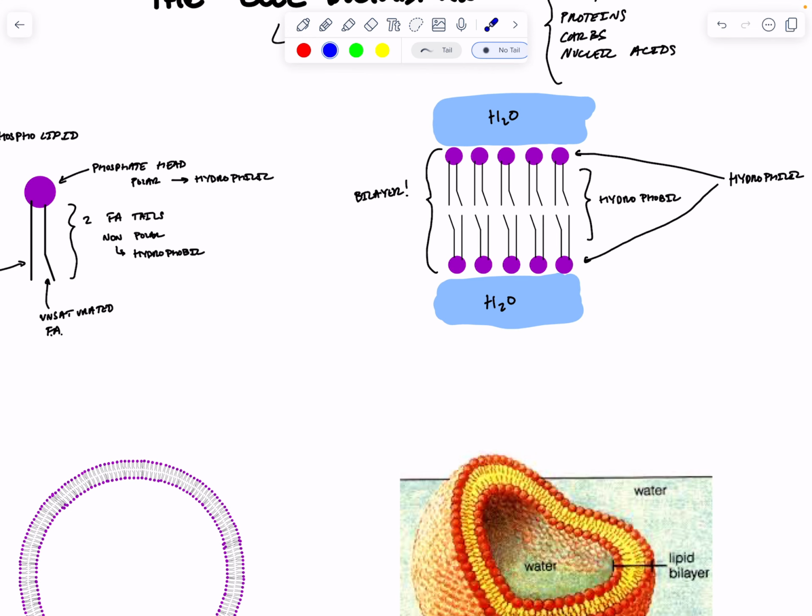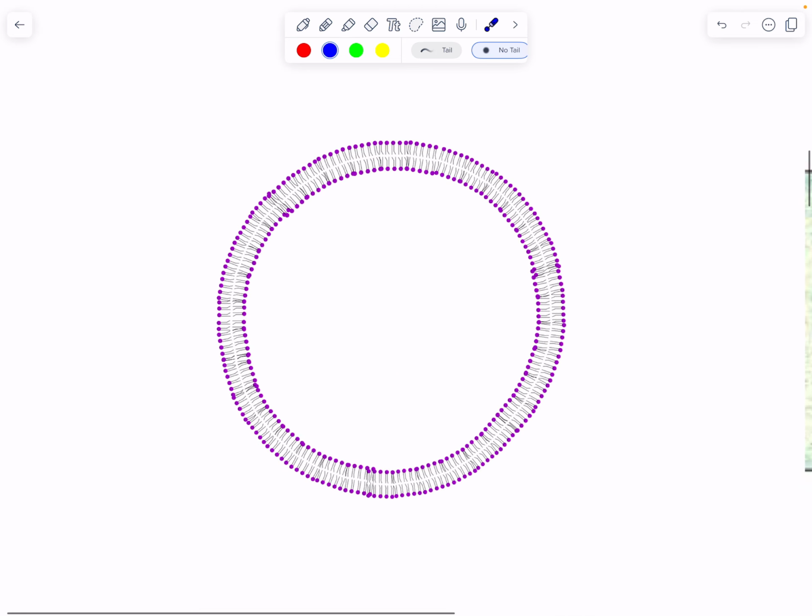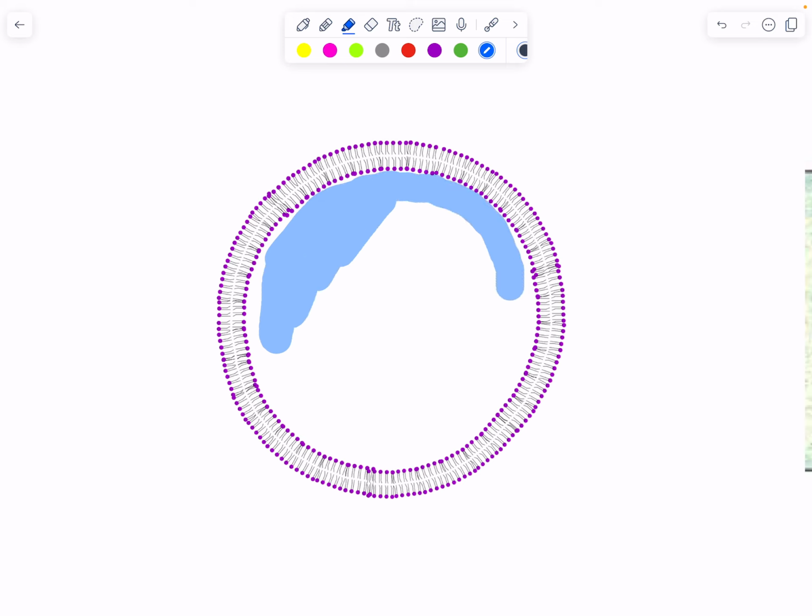This bilayer is actually going to extend into a giant circle, which we call a cell, where the interior phospholipids on this side are interacting with a watery solution on the inside of the cell.